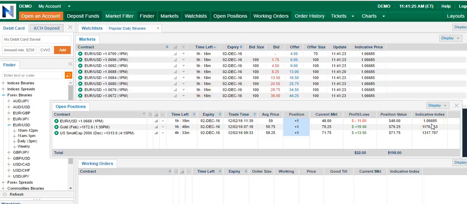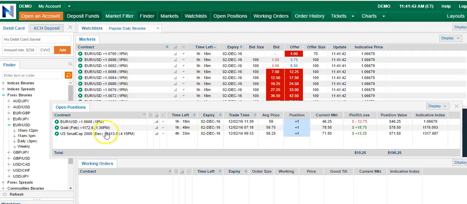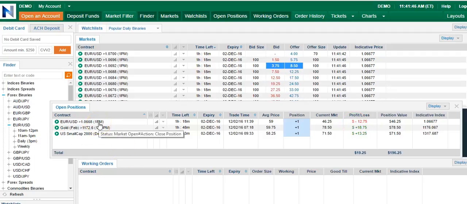So that's not a lot of profit or leeway to be up in that particular thing. So let's say the market's continuing to move, whether it's in the plus direction or in the loss direction like this one, and I want to exit the position.